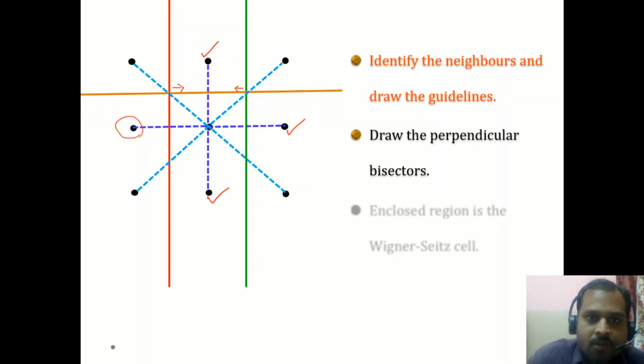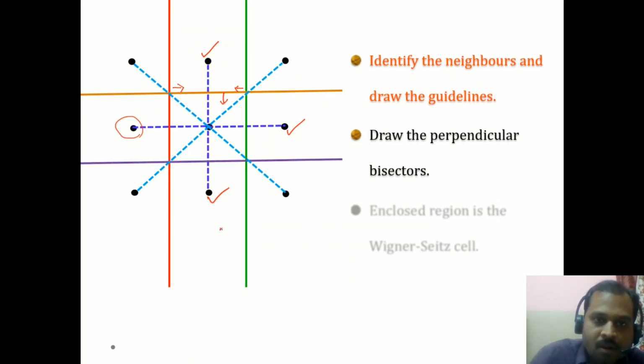If I do it for the top one, then all the points below this particular line are closer to this point than to this point. Similarly, here all the points on top of this line are closer to this lattice point than to this lattice point. Now let us look at the points which are here, here, here and here.